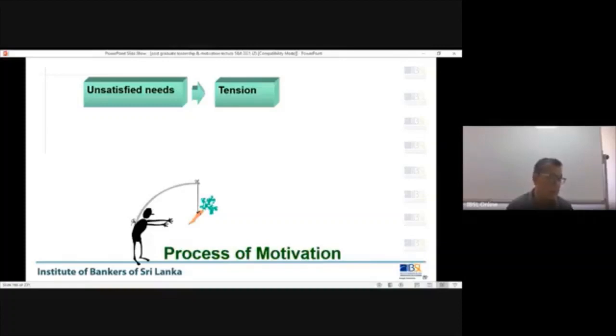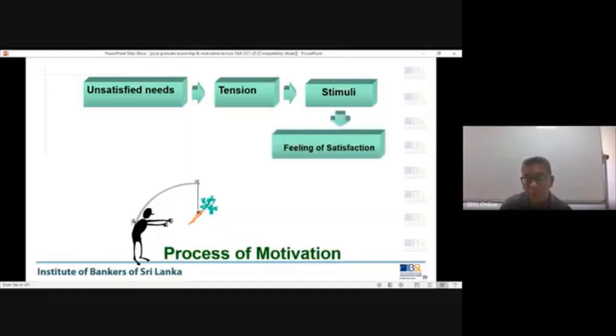Right? So through the tension, there may be a stimulus, a drive. Tension will stimulate you or drive you toward a feeling of satisfaction. How am I going to fulfill this requirement?